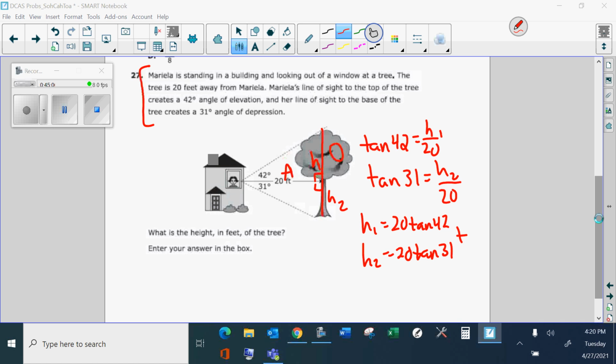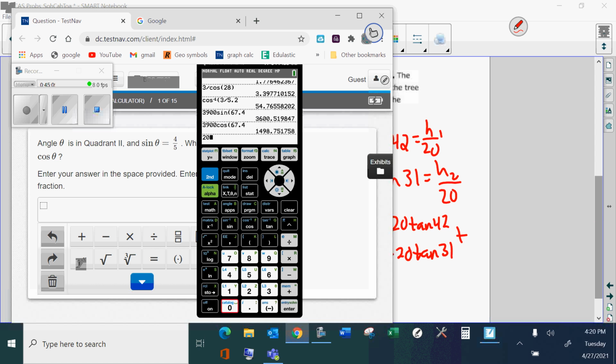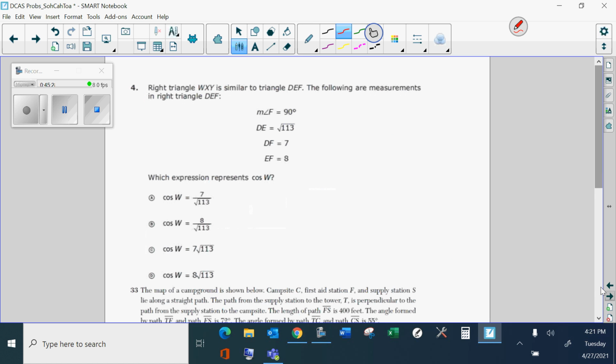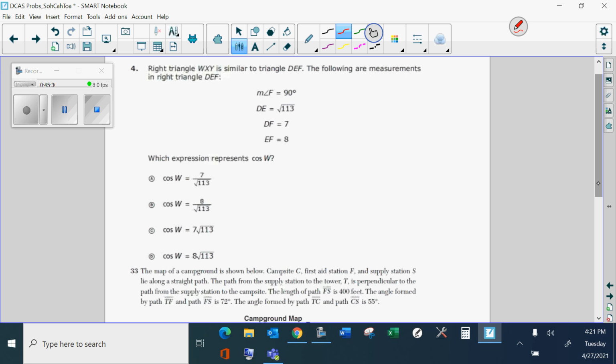Okay, 20 tan 42, parentheses, plus, let's do it all in one, 20 tan 31. Add it together and get 30.02, so about 30 feet. That's what they're probably looking for. Very easy. Right triangle, WXY.